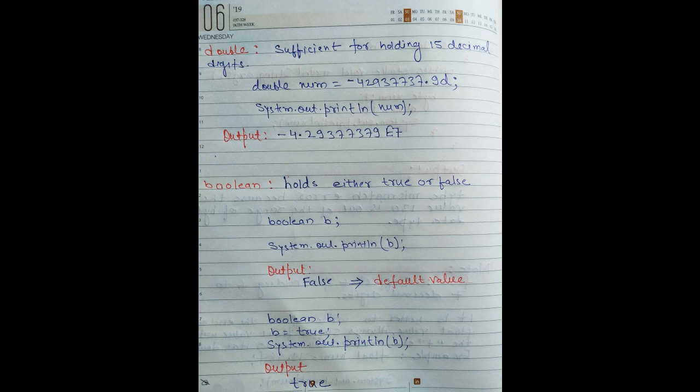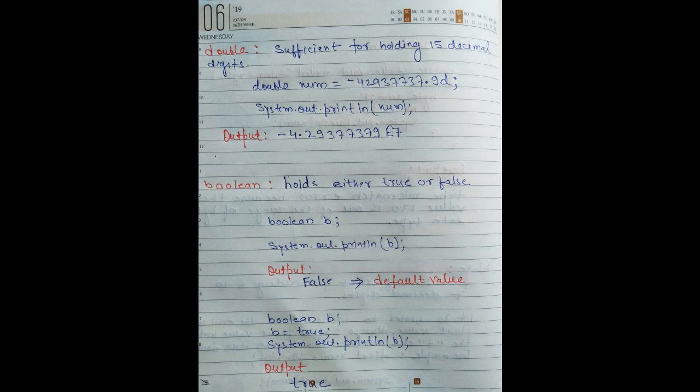System.out.println num, we will get output as -4.293773779e7. Why do we get it in a different form? Because this changes according to mathematics, that is on a power and exponent basis.